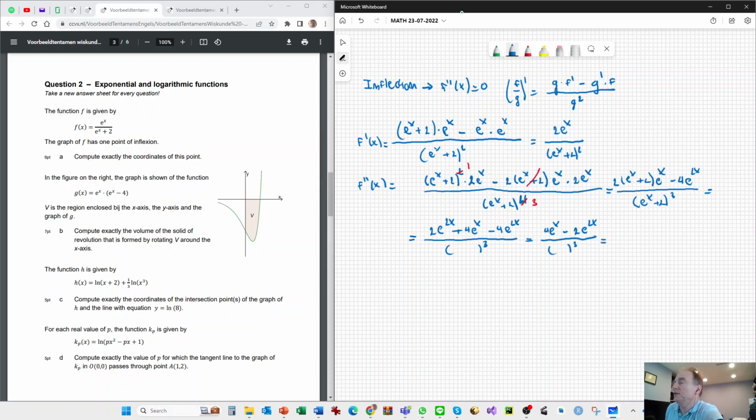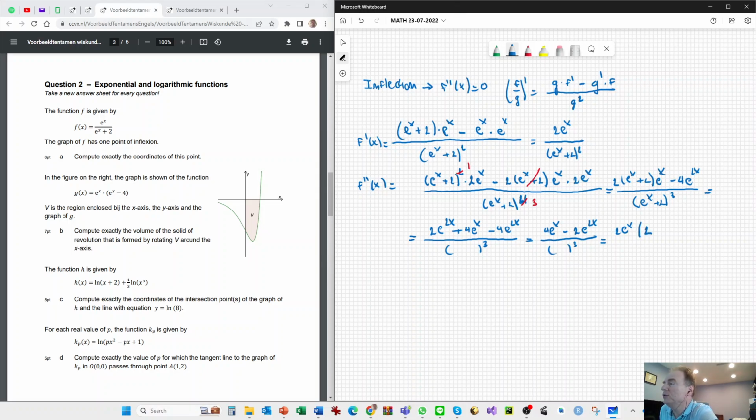And now I can factorize a 2 times e to the power x. It's kind of the common factor in both terms.